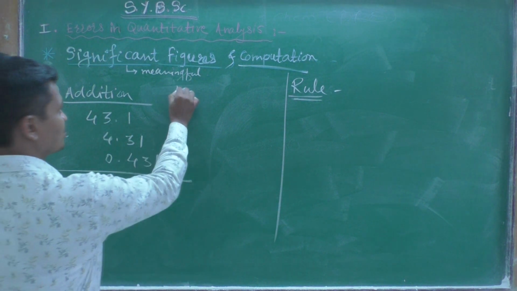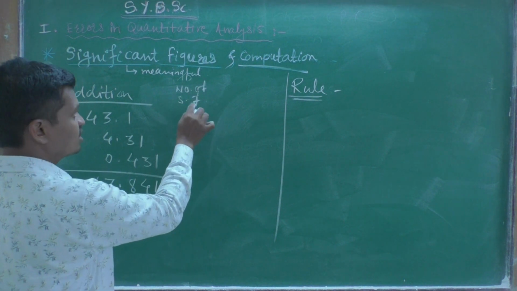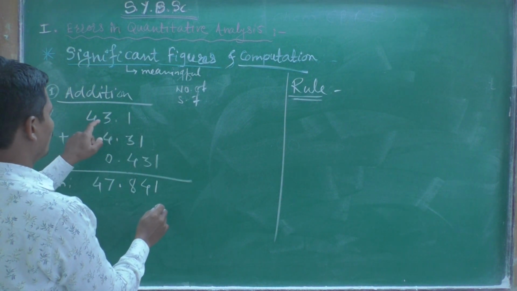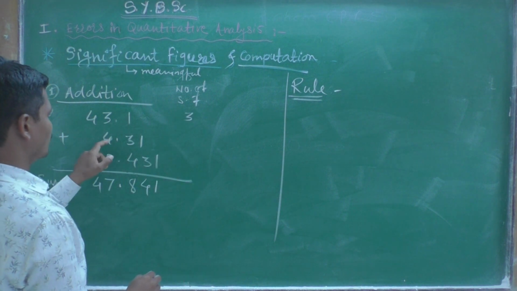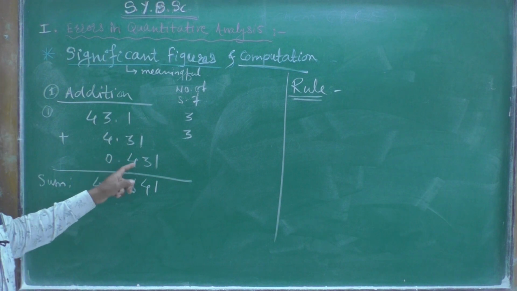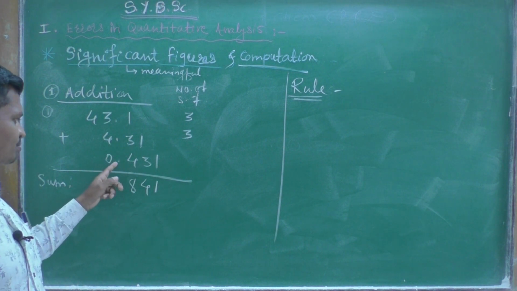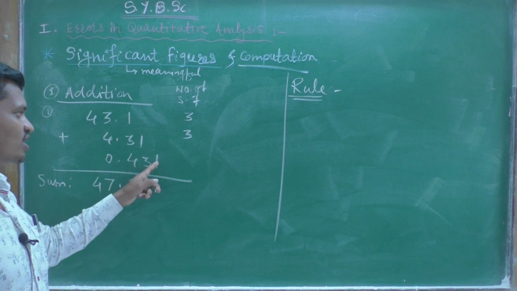So the number of significant figures, SF meaning significant figures: 1, 2, 3, all three are significant figures. Here also, this is a number less than 1 and there are no zeros, so 4 is significant, 3 is significant, 1 is significant.